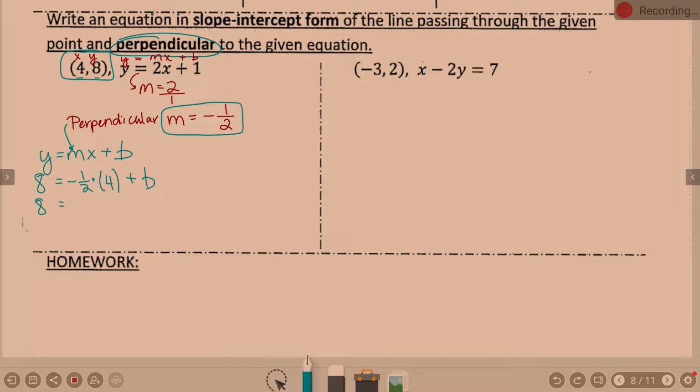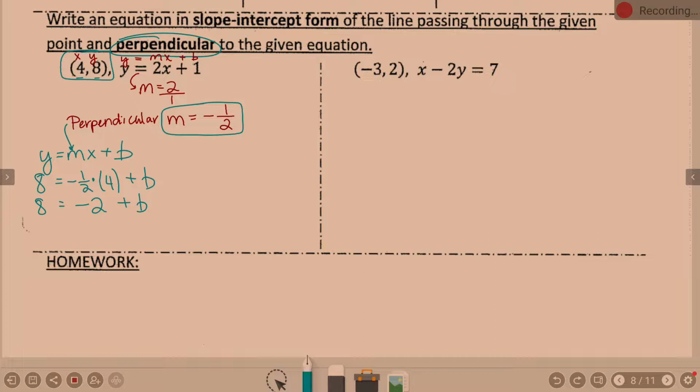Negative 1/2 times 4. What's half of 4? 2. And a negative times a positive is a negative. So negative 1/2 times 4 is negative 2.